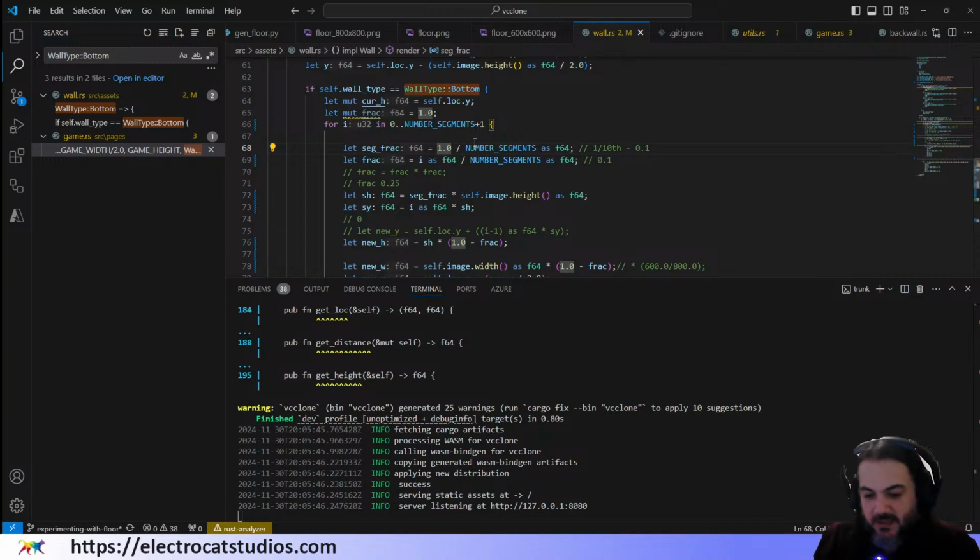So at half a segment height, that's where we should calculate the percentage.